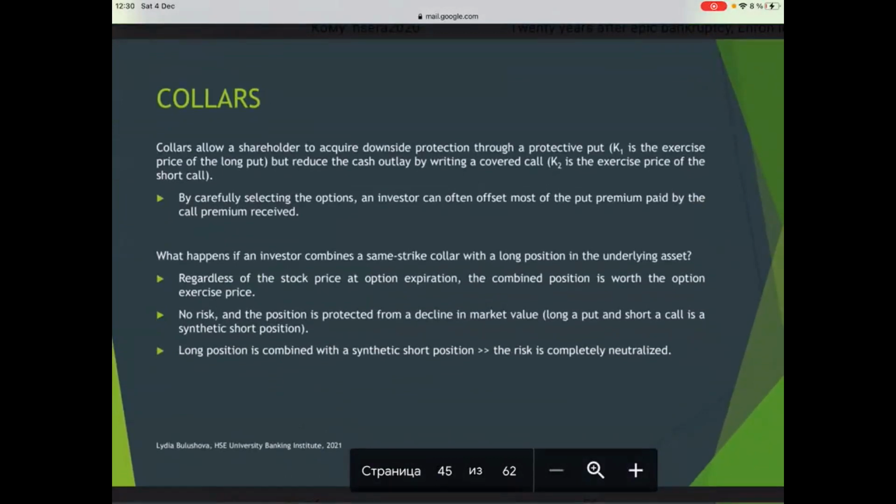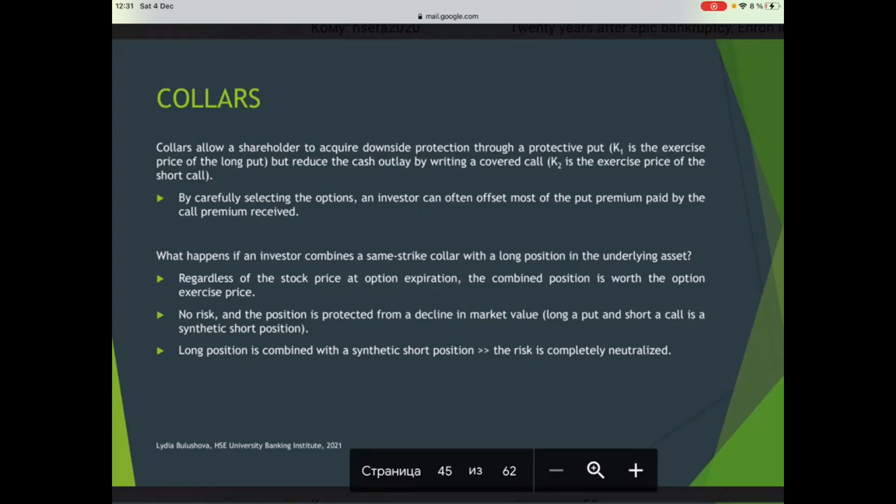These collars allow a shareholder to acquire downside protection. So I have a protective put, and if the price is going to go down, I've got a sort of insurance. If I'm lucky and if I carefully select options, the strike prices, I can offset the insurance premium that I pay and the call premium I receive.